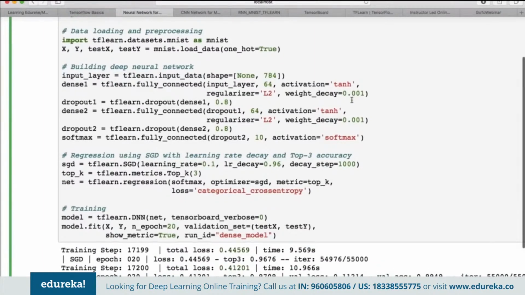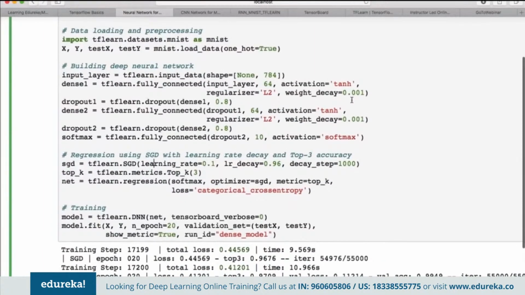Then once the data has been imported, we are creating the deep neural network architecture. First of all, we are creating an input layer. That's the difference between Keras and TFLearn, because if you recall, we were not creating a layer for the input in Keras. We directly used input as one of the parameters in the code itself, but here we need to explicitly specify what the layer is.